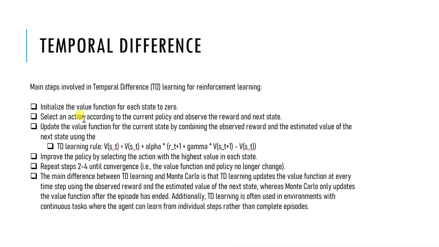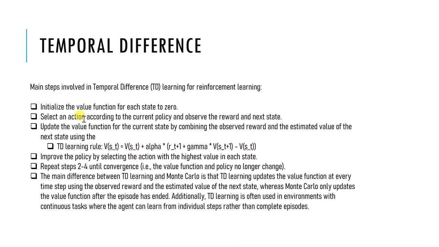First, we initialize the value function for each state to some arbitrary value, or you can say 0, and then we observe the current state of the environment. We take an action according to the current policy and observe the resulting reward and next state.